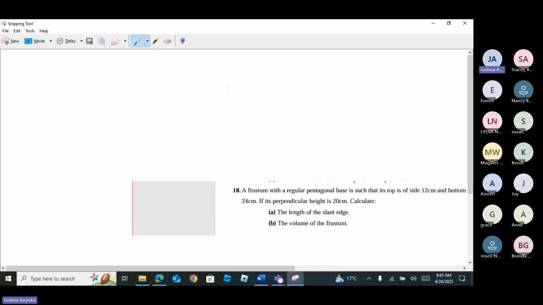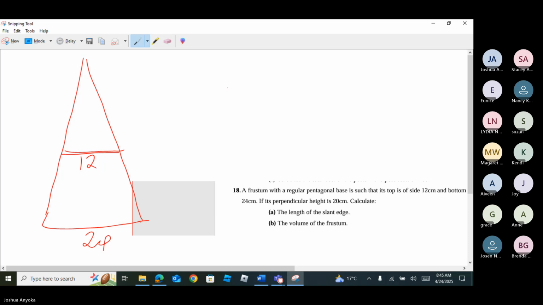If the base is, we use similarity and enlargement. If this one is 24, it is cut somewhere, which is 12, to give us a frustum.